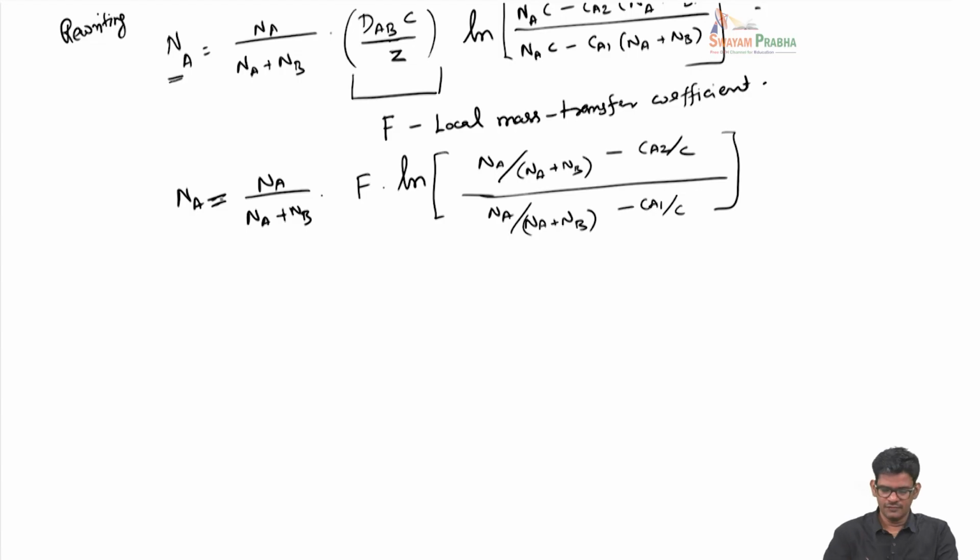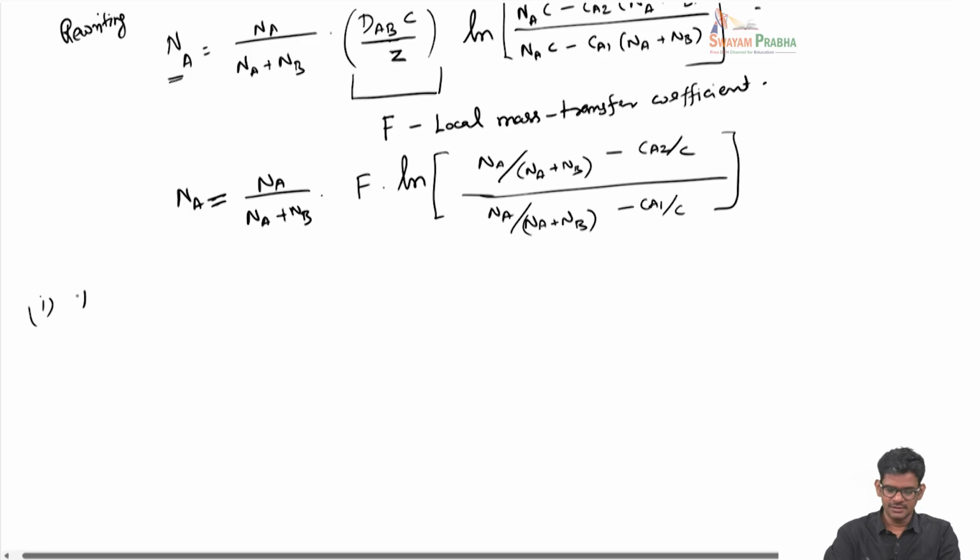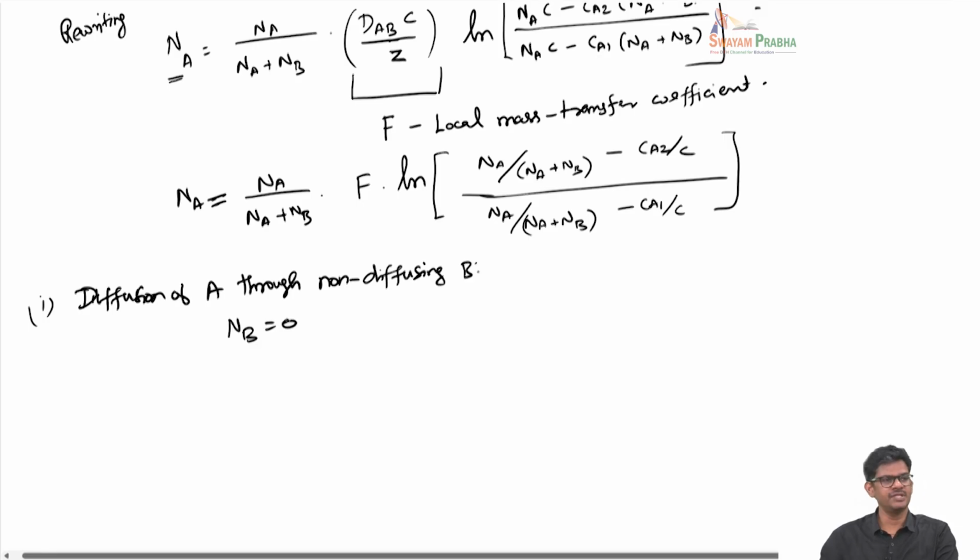For example, let's take diffusion of A through non-diffusing B. What this means is your NB is 0 because B is not diffusing.